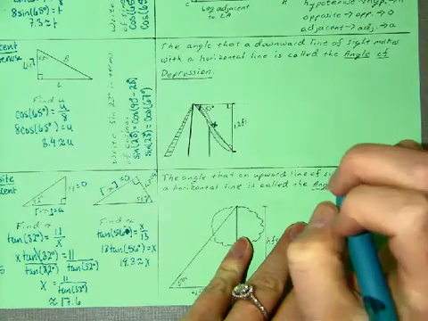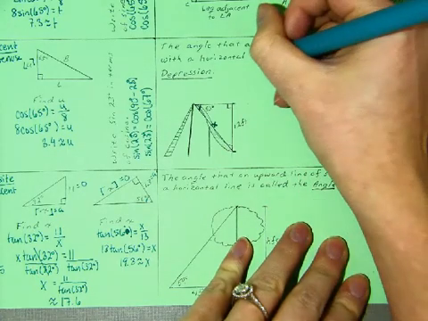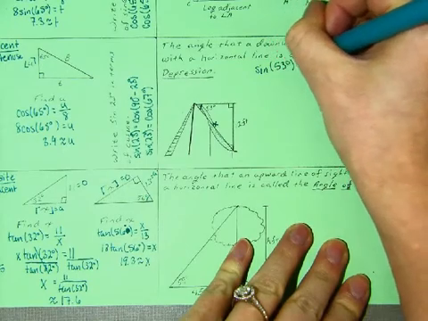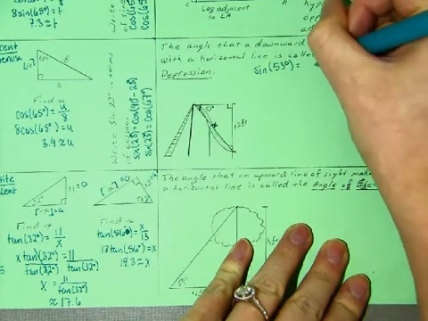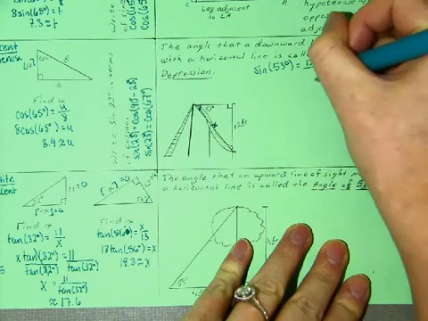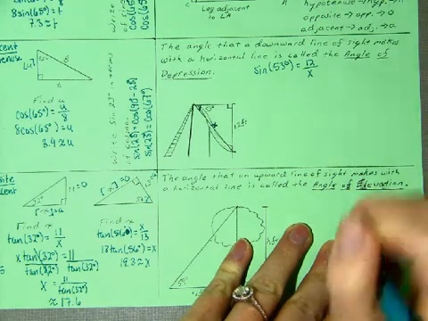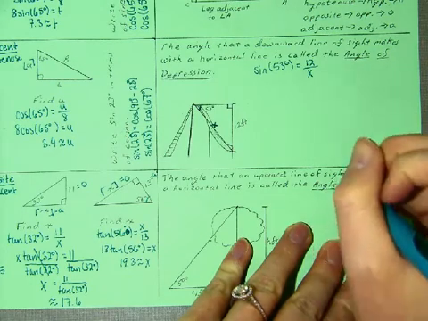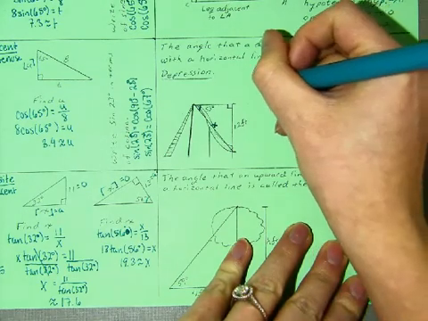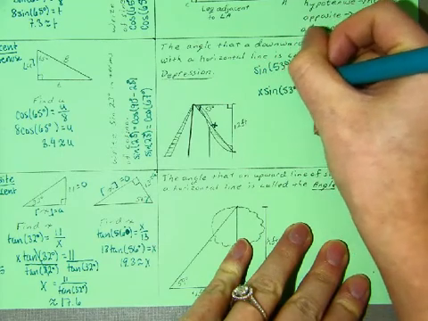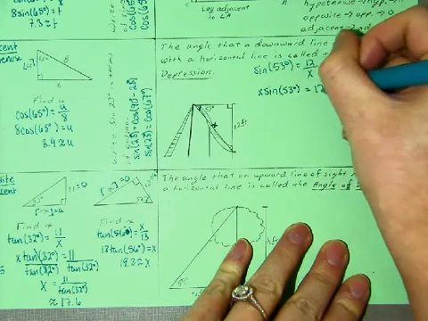So to set this up, I'm going to put sine of 53 degrees is equal to the opposite leg, which is 12, over the hypotenuse, which is x. To solve for x, I'm going to multiply both sides by x. So I get x times the sine of 53 degrees equals 12.